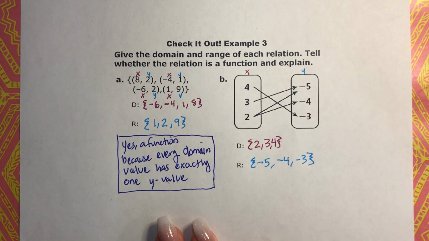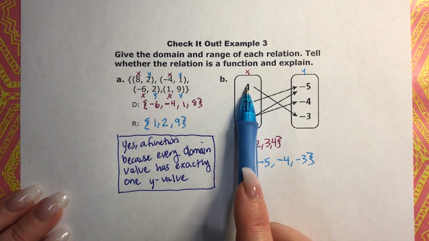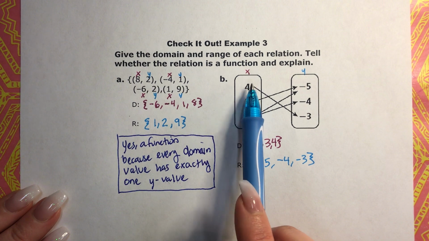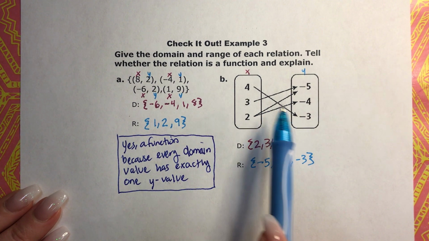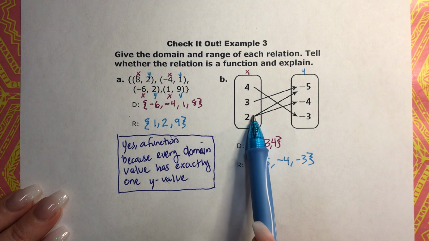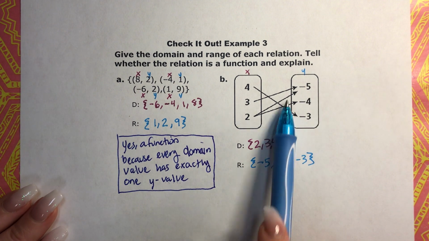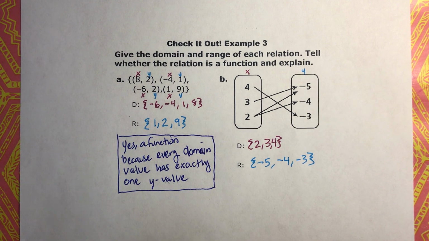All right, and then we just need to tell whether it is a function. So every X domain value has to have exactly one Y range value. So this domain value has one range value. This domain value has one range value. This domain value actually has 2 range values. Therefore, this is not a function.